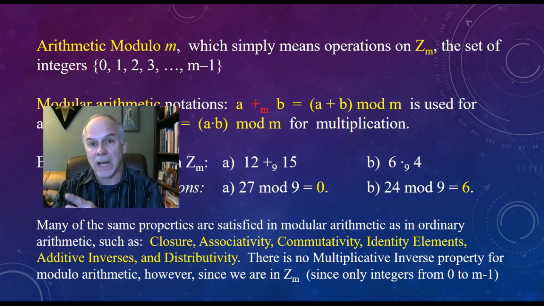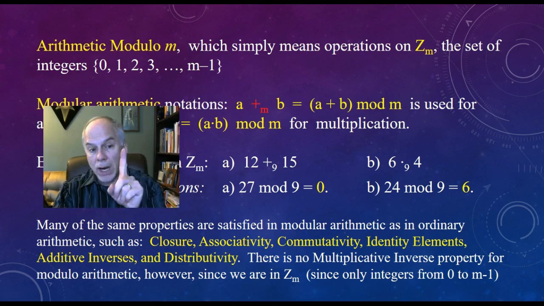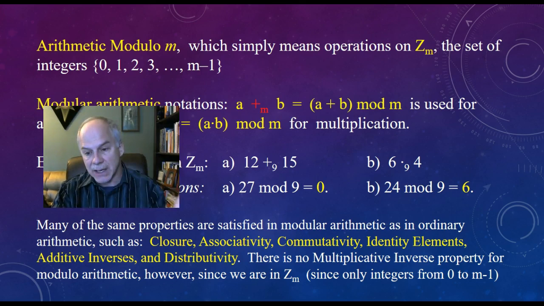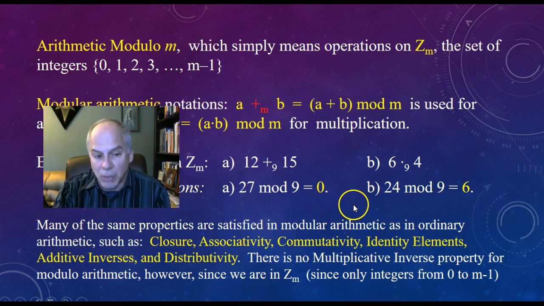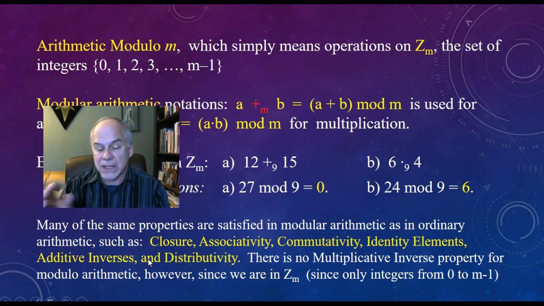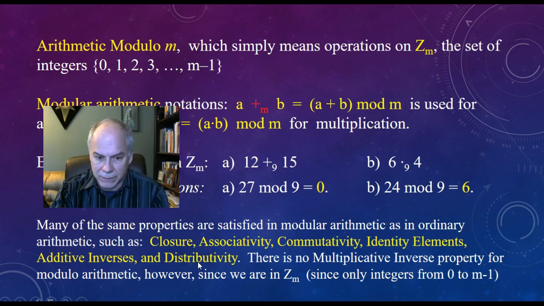What number do you multiply another number by so that other number is not changed? Well, 1, right? So 1 is the identity number. So modular arithmetic has these identity elements as well. Additive inverses, fine. You can add a positive and a negative and you get 0 in modular arithmetic. And distributivity. But there is no multiplicative inverse property for modulo arithmetic.